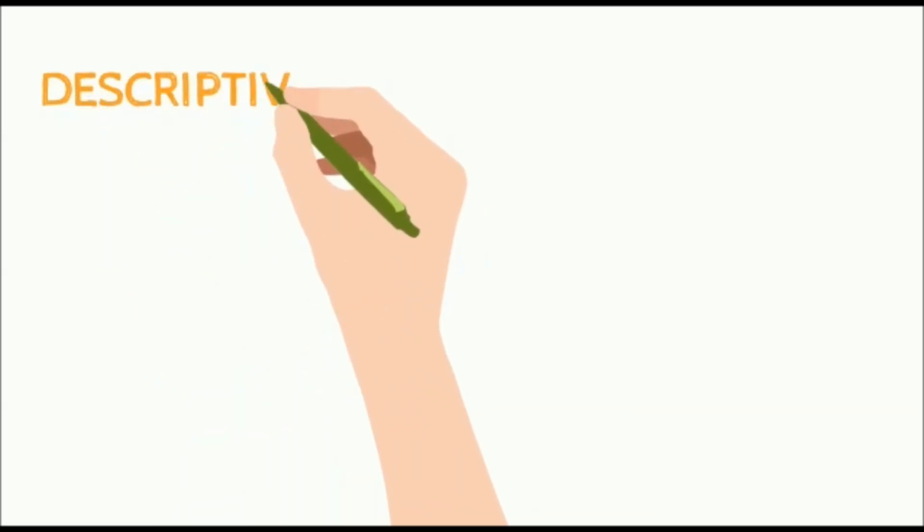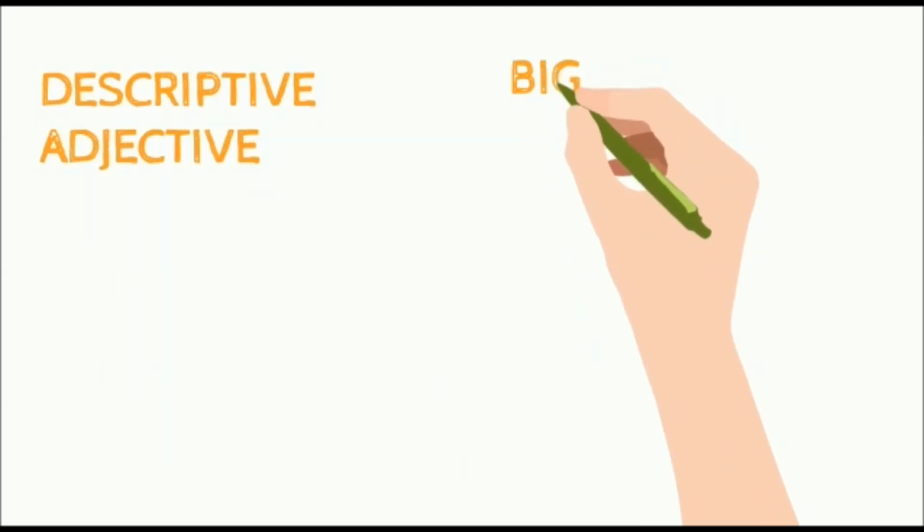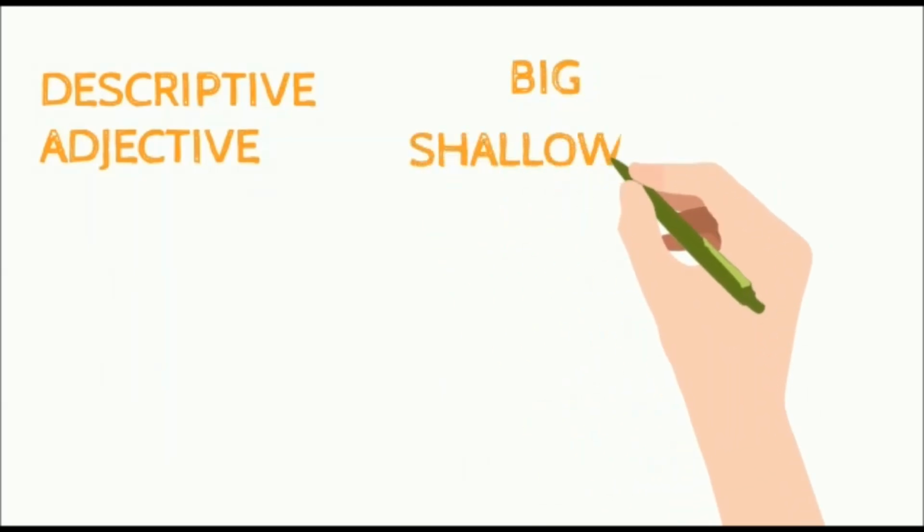These are a few examples of descriptive adjectives. They are big, shallow, pale, gorgeous. The list goes on.